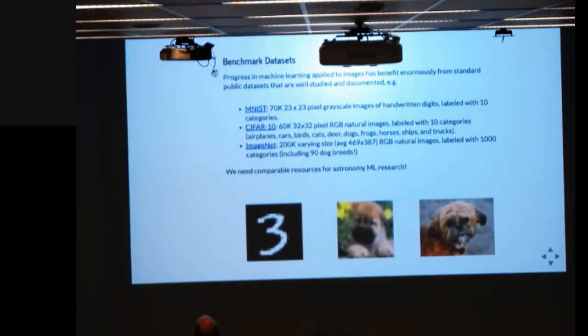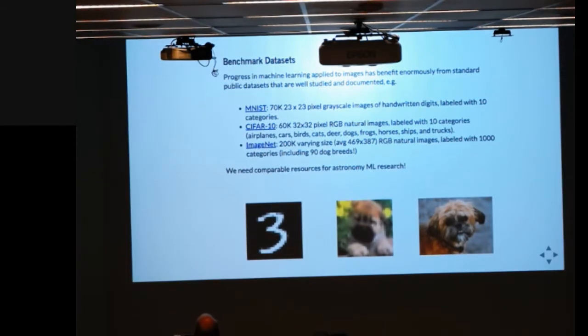Just a comment about data sets. The progress in machine learning, outside of astronomy, has really benefited enormously from having these well thought out and curated public data sets that have been studied to death now. Anyone who writes a paper, it's mandatory that you have some tests on one or more of these data sets.